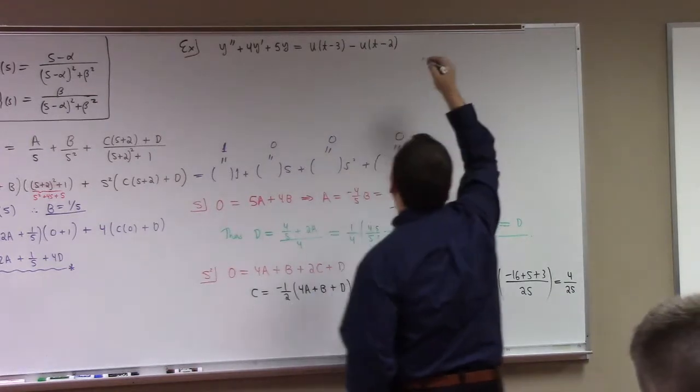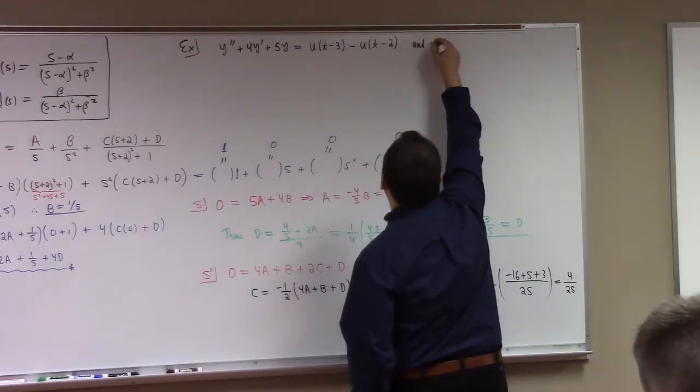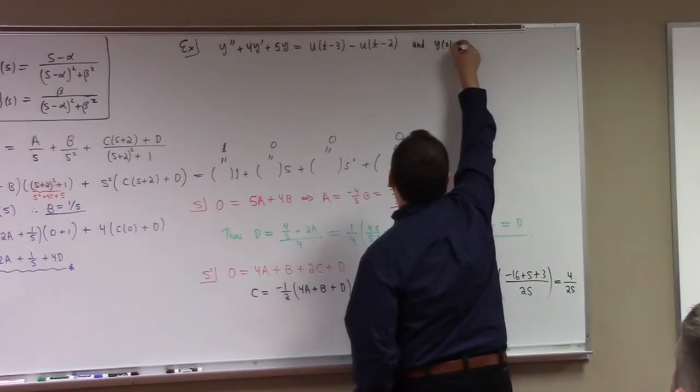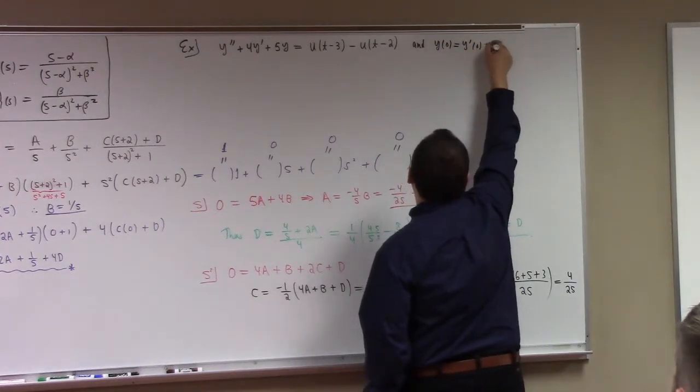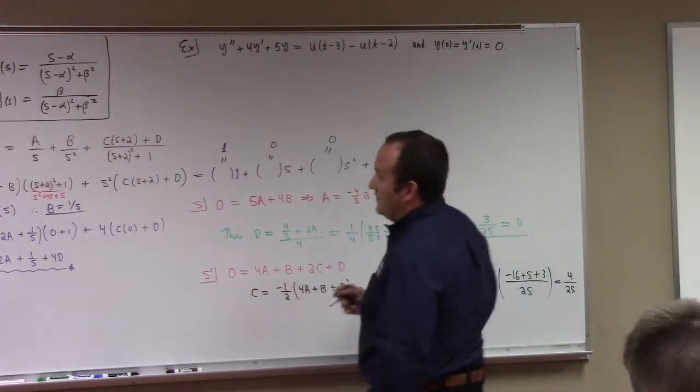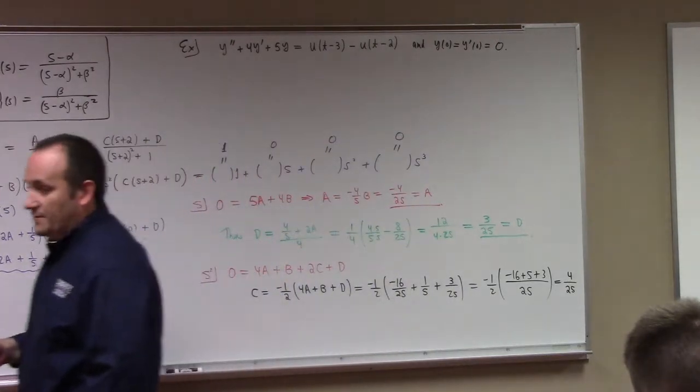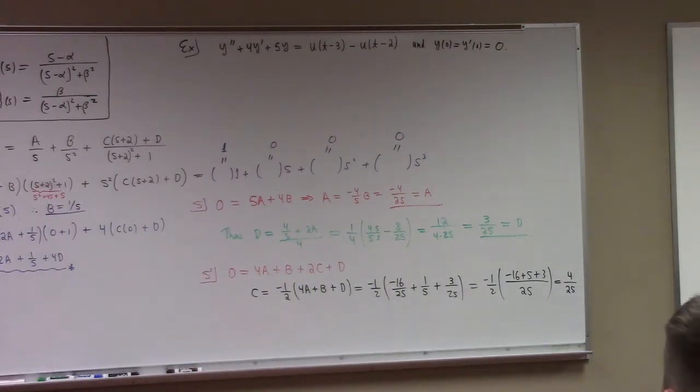All right, and we'll just keep things simple this time. We'll let y(0) = y'(0) = 0 because I don't want to keep belaboring that part. So that makes the red part of the solution kind of go away.